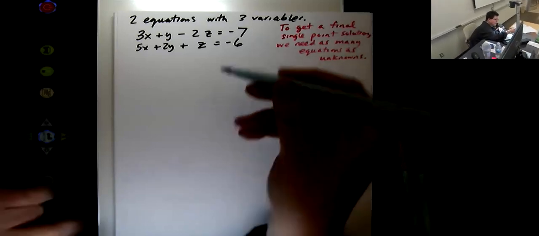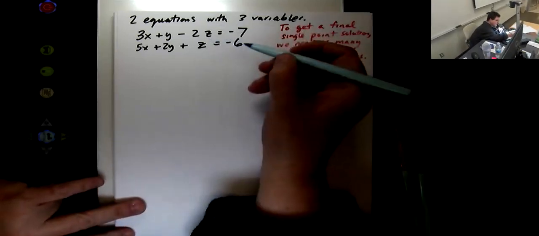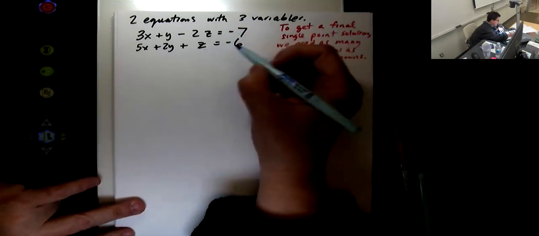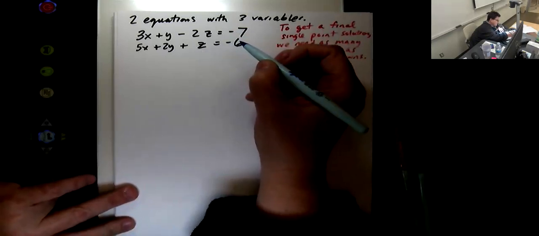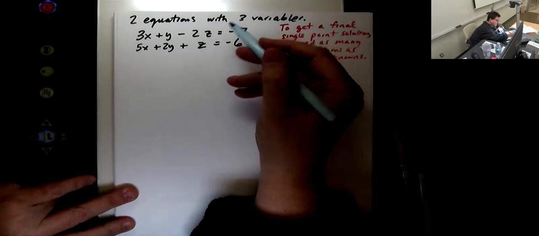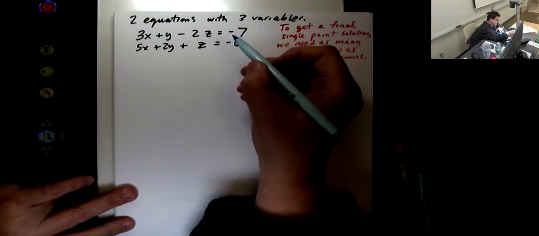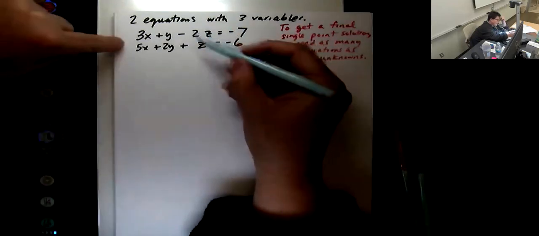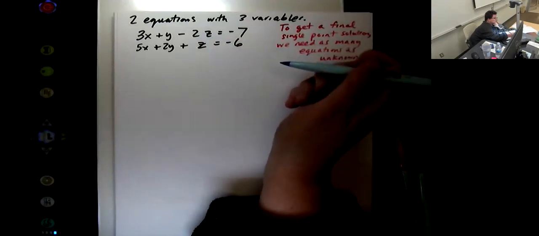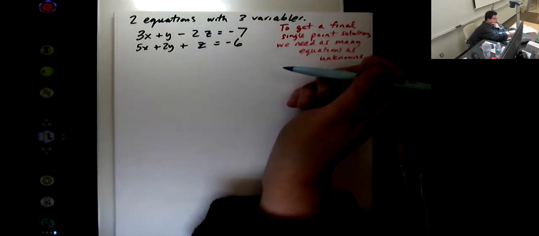So what I'm gonna do, let's see, we can either eliminate Y or eliminate Z. I'm gonna let you guys pick. I don't want to do X because they have a 3 and a 5. You guys want to get rid of Y or Z?